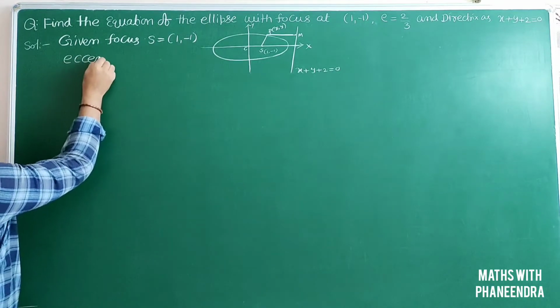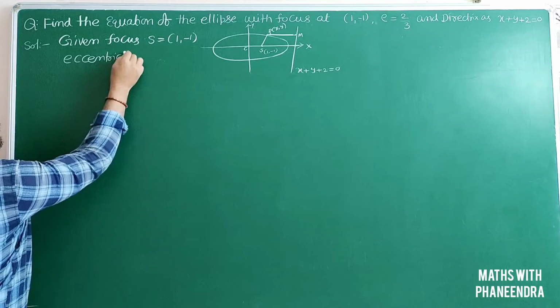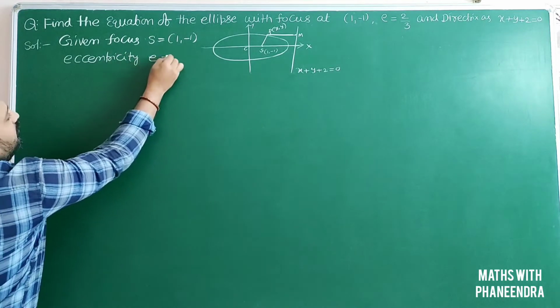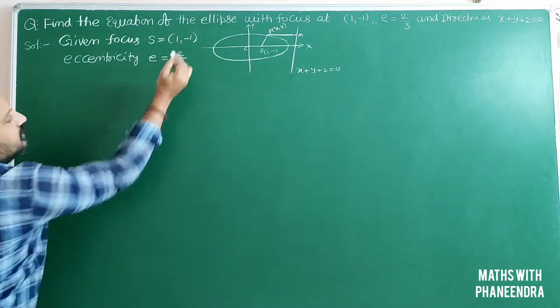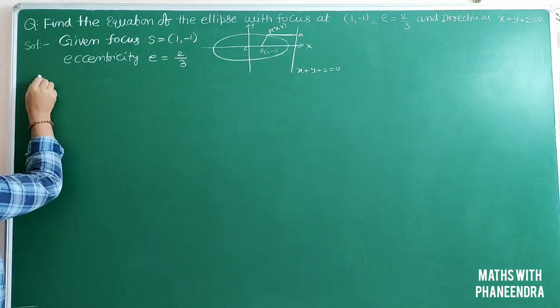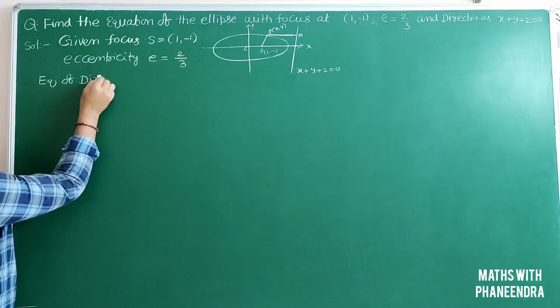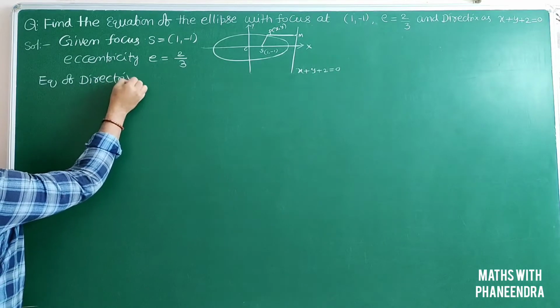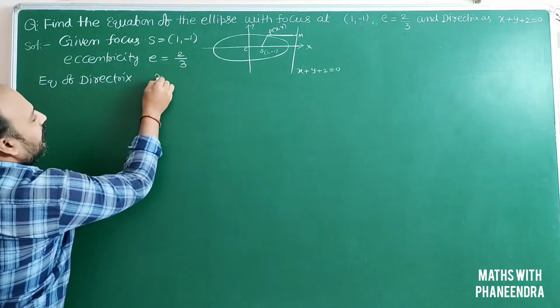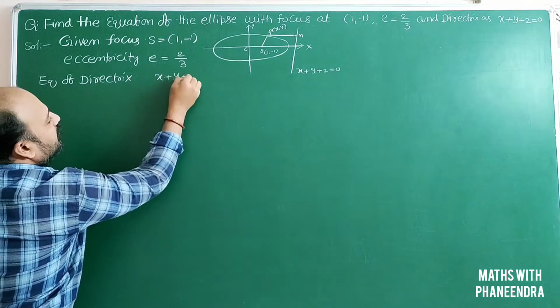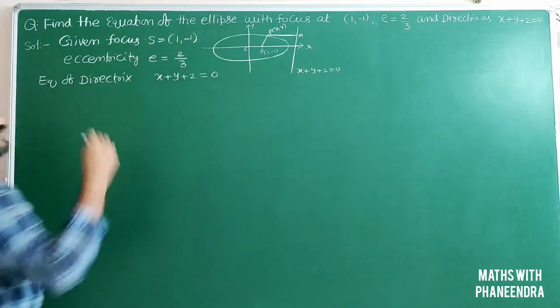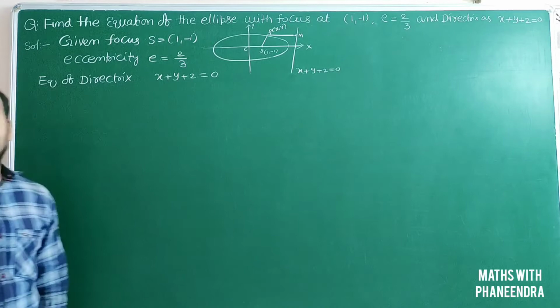Eccentricity E equal to 2 by 3. Next, the equation of the directrix: x plus y plus 2 equal to 0. This is the given information.